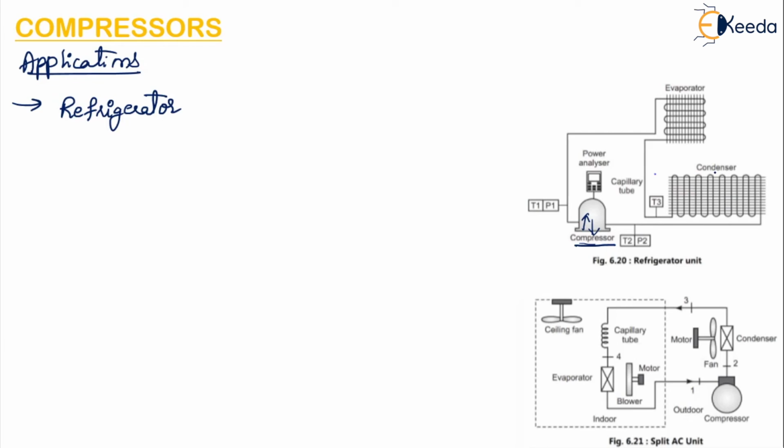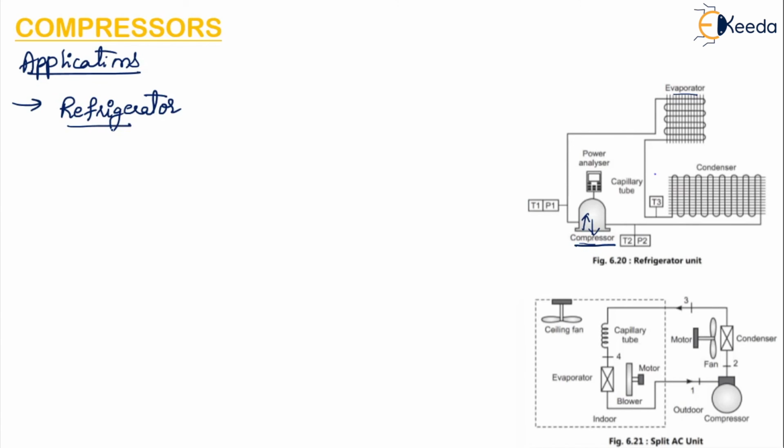Okay, it will condense it into droplets. Then it is sent to the evaporator where the liquid will receive all the heat and it will evaporate. Then it will become of very low pressure. Again it is sent into the compressor to increase the pressure. So this is how the compressor is working.